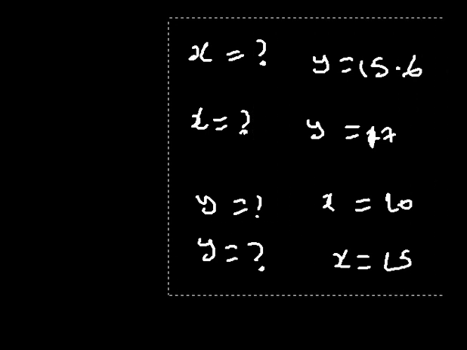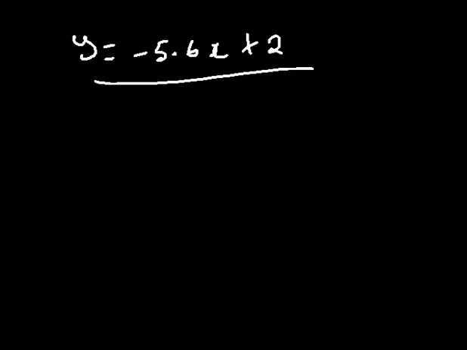Now in some cases, let's say we have the regression line which is given as y is equal to negative 5.6x plus 2. Looking at this regression line, the value of b is negative, which is negative 5.6.